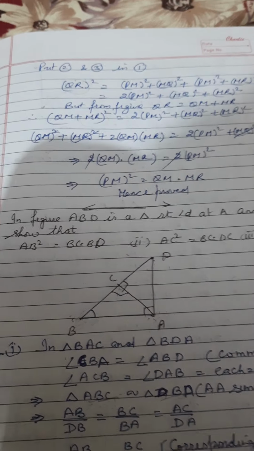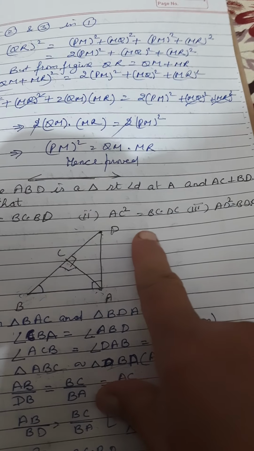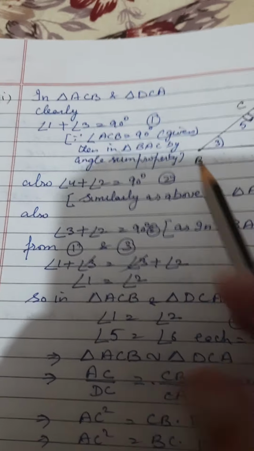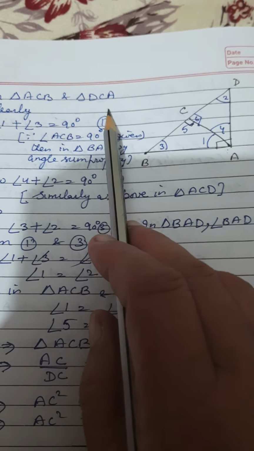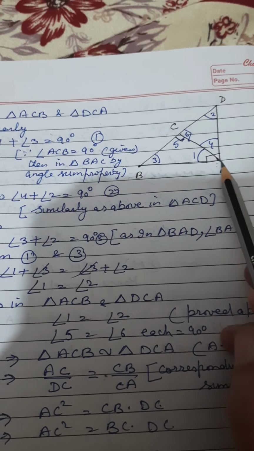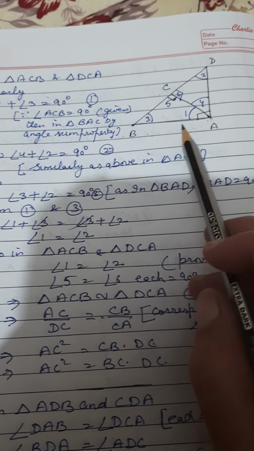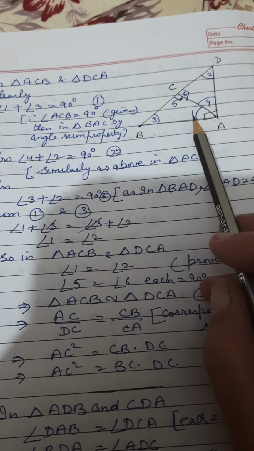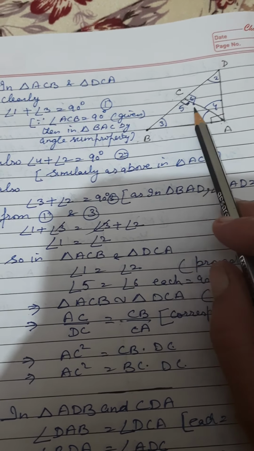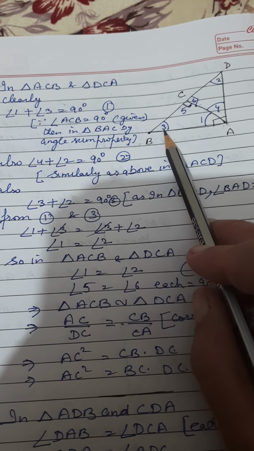Then the second part is, we are to prove AC square is equal to BC into DC. See here, in triangle ACB and triangle DCA, clearly angle 1 plus angle 3 is equal to 90 degrees, because in this triangle this angle is of 90 degrees.